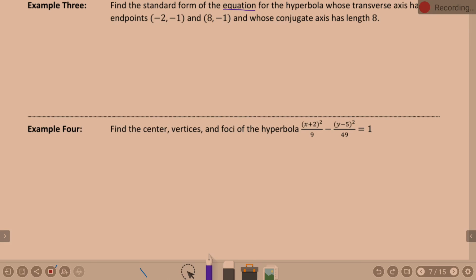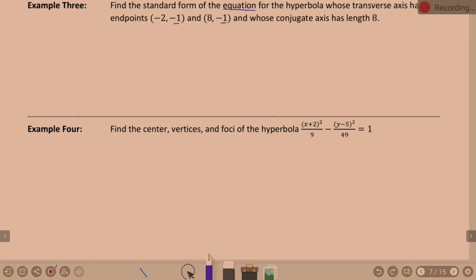Well, let me look at it real quick. I agree that I know k, because both of them are the same. Okay. So on our transverse axis endpoints, what he's looking at is both of the y's are the same, yes? And if both of the y's are the same, that is giving us k.